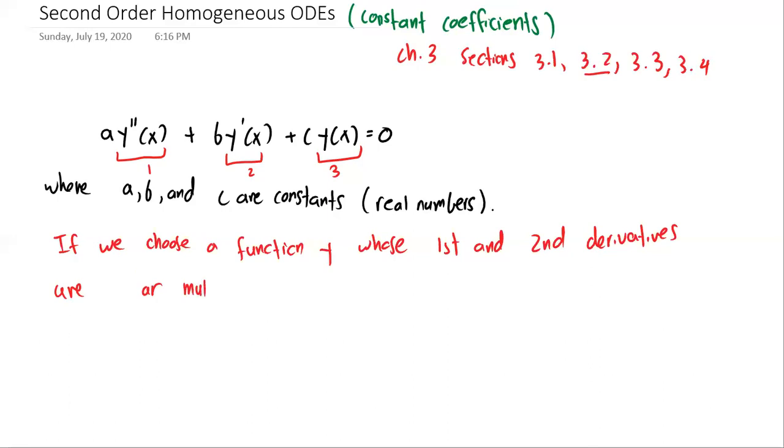Actually, I used the word scalar. Scalar and constant mean the same thing, but I've been using the word constants, so I'm just going to leave it as constant. So if we choose a function y whose first and second derivatives are constant multiples of itself, we have a chance that these three terms, term 1, 2, and 3, cancel when we add them, right?